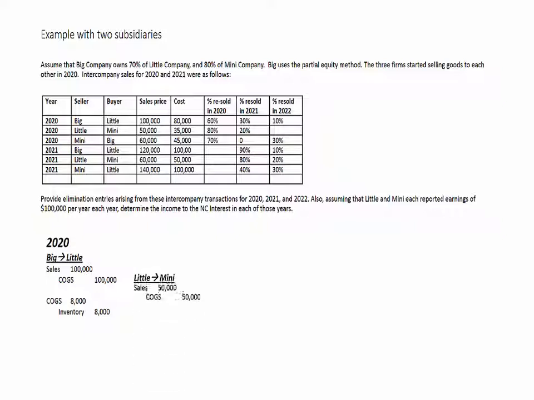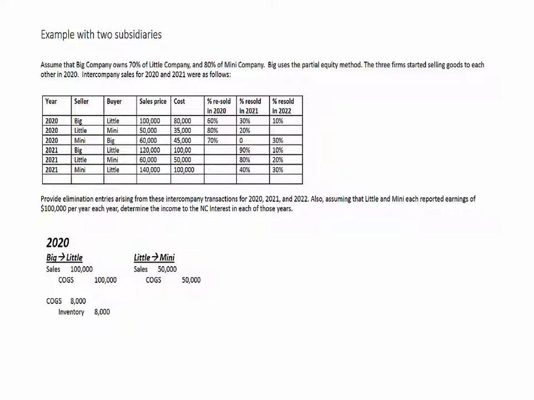Okay, similarly for the sales from Little to Mini, the first thing we're going to do is eliminate the sales and cost of goods sold for Little's intercompany sales of $50,000. Secondly, we see that in 2020, Little had a $15,000 gross profit, $50,000 minus $35,000, second line on the table. Of that $15,000 gross profit, 80% was realized.